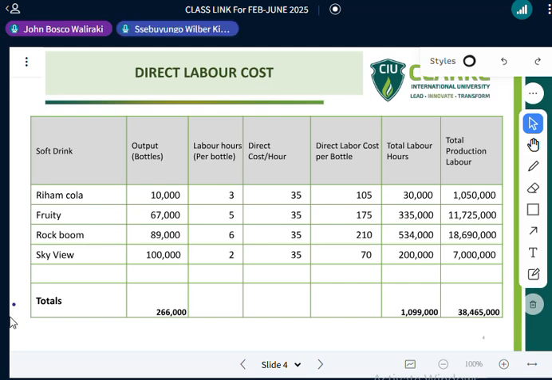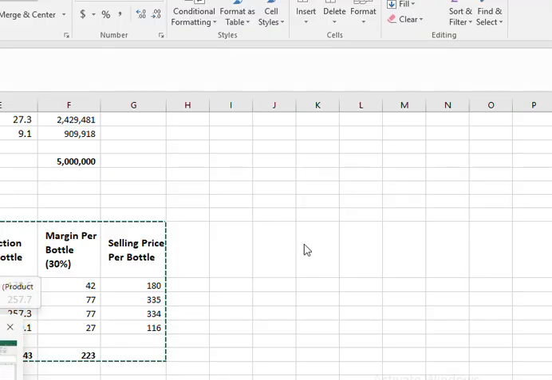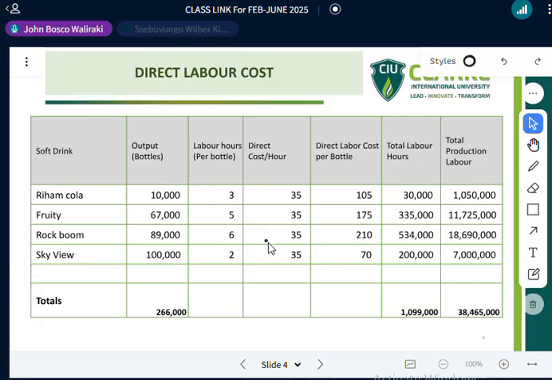So we ask ourselves a question: how much is the cost of producing a single bottle in 1 hour? That is the direct labor cost you're seeing there. It is already provided.